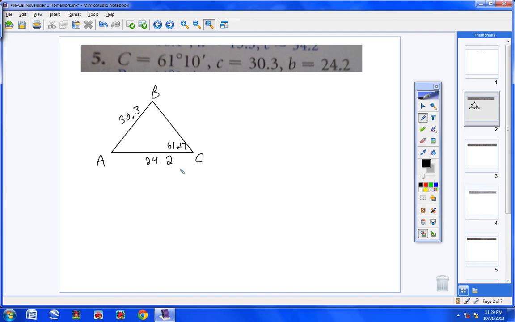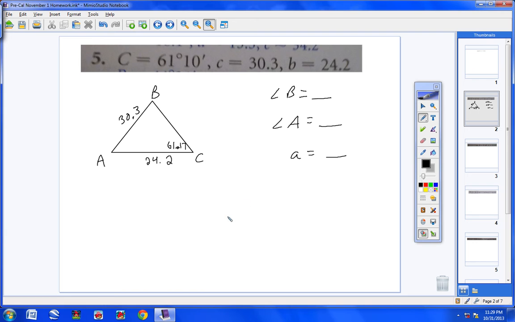Right off the bat, we have side, side, angle. So we know we're going to have no solution, or one solution, or two solutions. So with that in mind, let's solve and see what happens. We're looking for angle B, angle A, and side A.